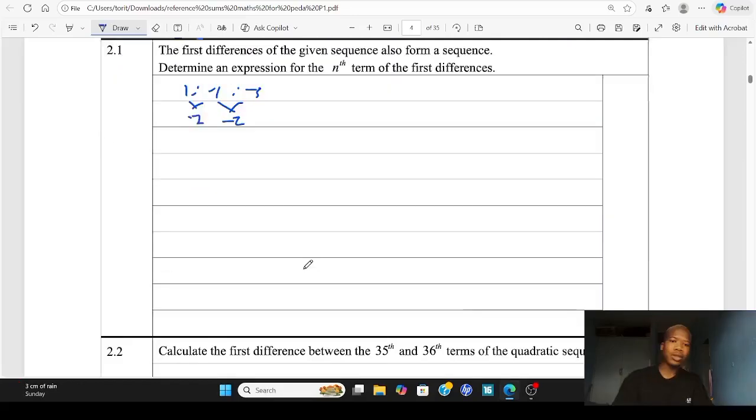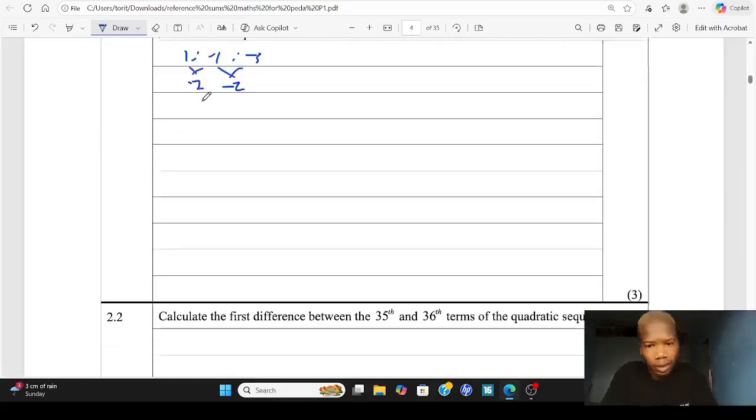Now we have to determine the expression, or the formula, for the number pattern of the first difference. So Tn is equal to a plus (n minus 1)d.